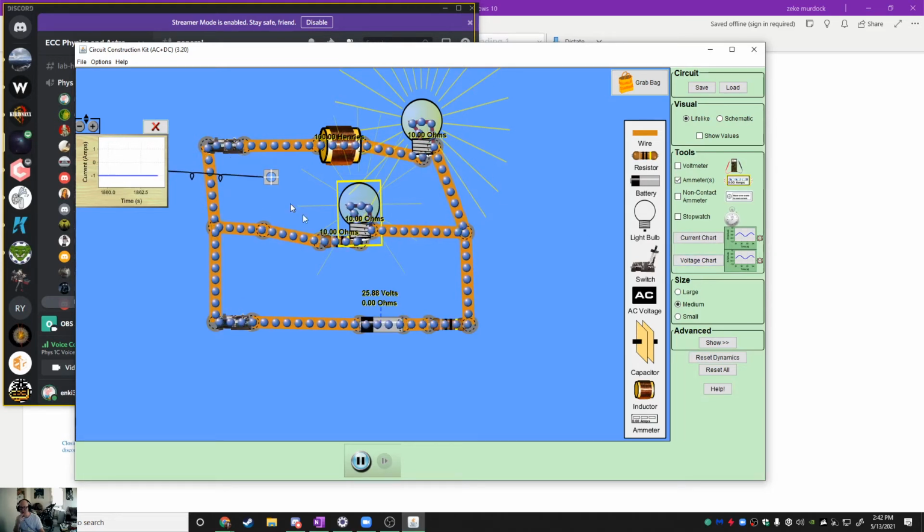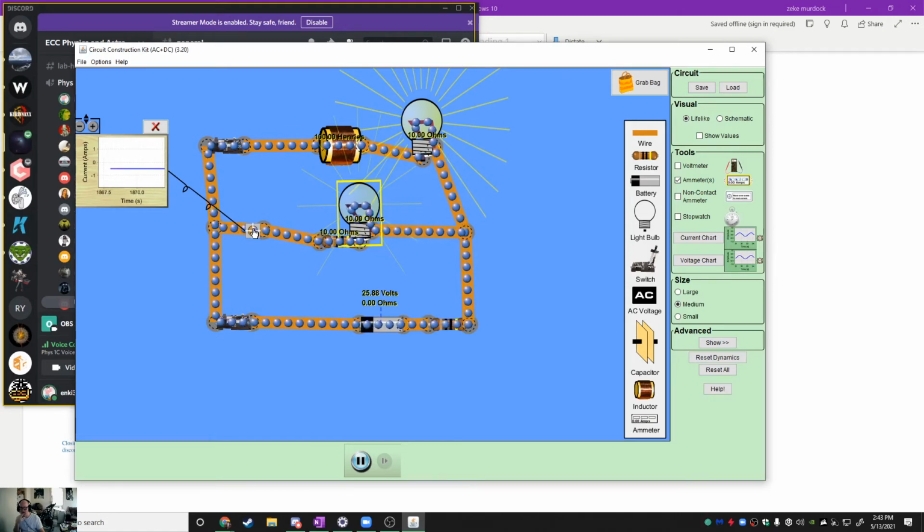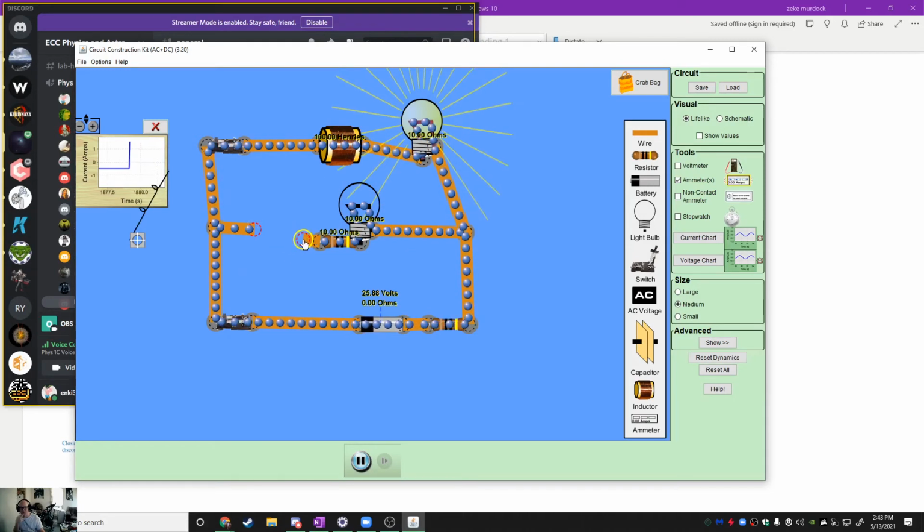Let's see, what would the current in this section be? Shouldn't it be 25.8 divided by 20? That would be what? 1.25? Yeah, maybe this current chart isn't exactly accurate. I wonder if... Uh-oh, I think I broke it. I wonder if we actually use this one.